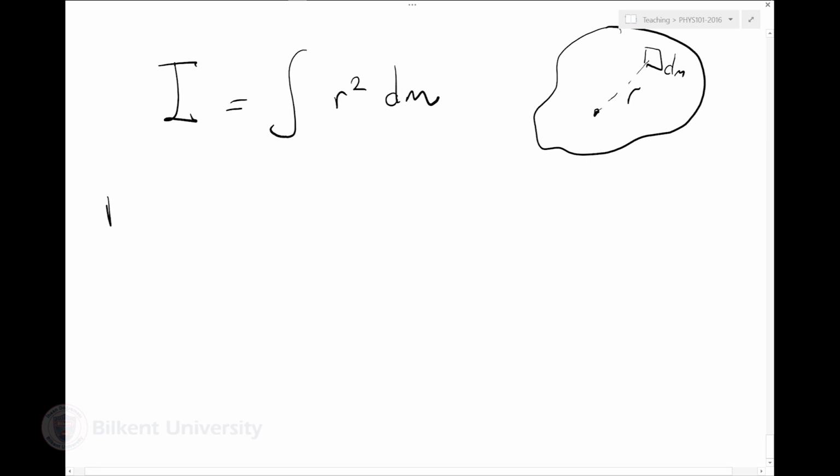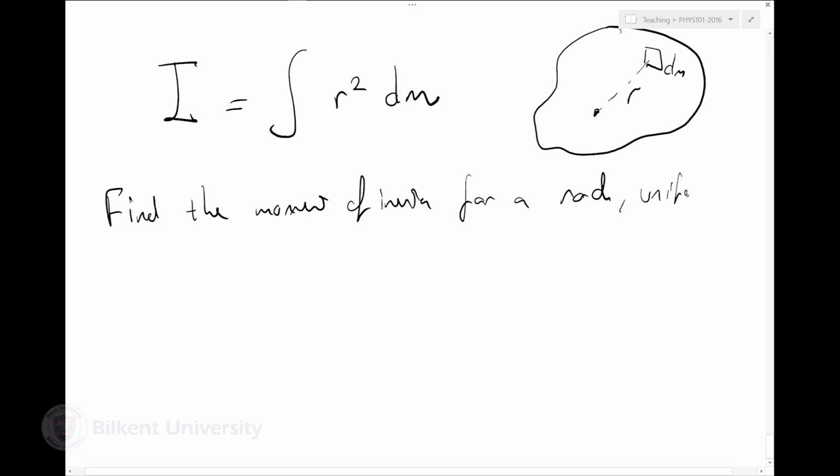Let's find the moment of inertia for a rod of uniform density through its edge.